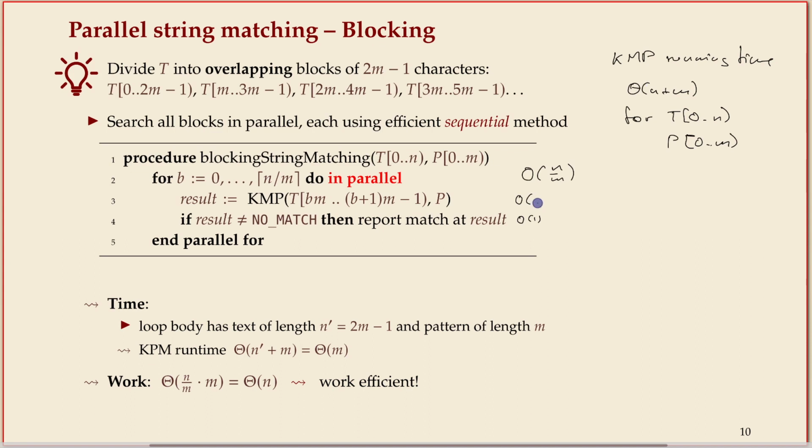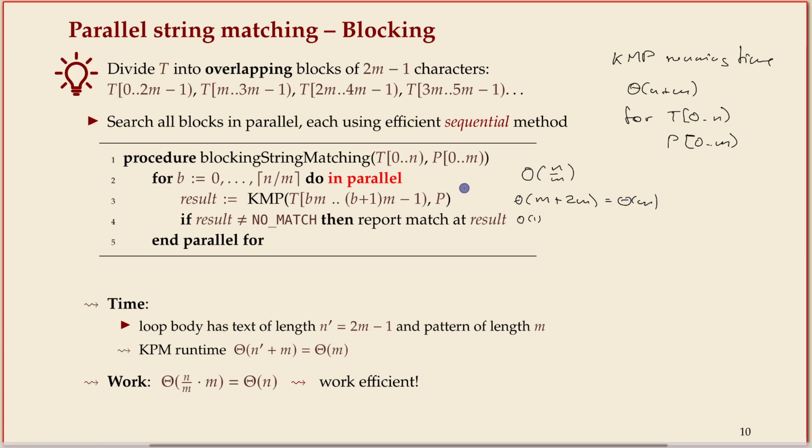Now, what is n and m in our case? M is the same, but then the text is only how long again? It's one block, 2 times m, right? Yeah. So that's still linear in m.